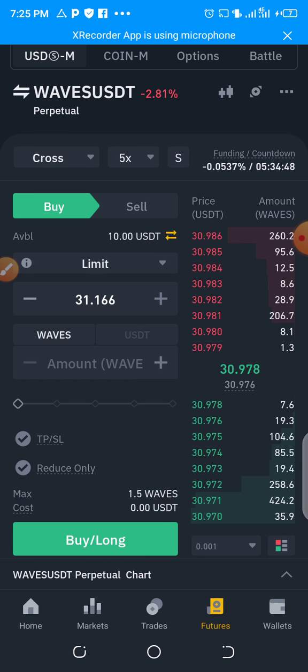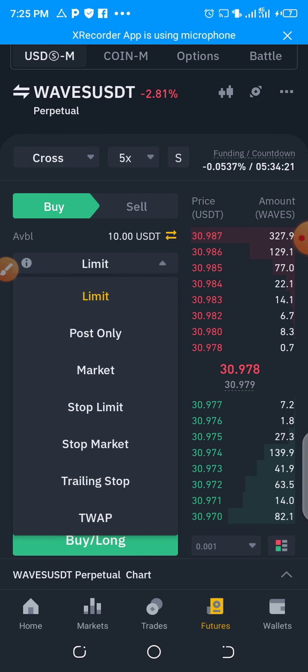So the next thing we look at here, you will see buy and sell. For instance, we want to buy this coin WAVES USDT, which you're seeing at the top, WAVES USDT perpetual. The WAVES right now is at 30.97. If for instance I want to buy this coin when it gets to 25, if this coin falls to 25, I want to buy it. So what I would do is click on limit.